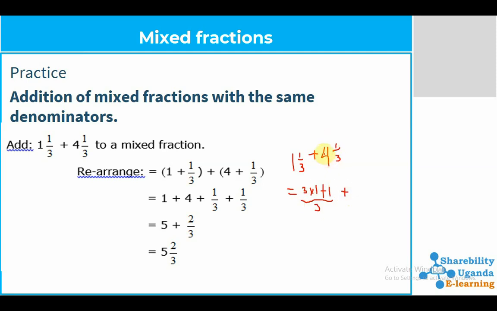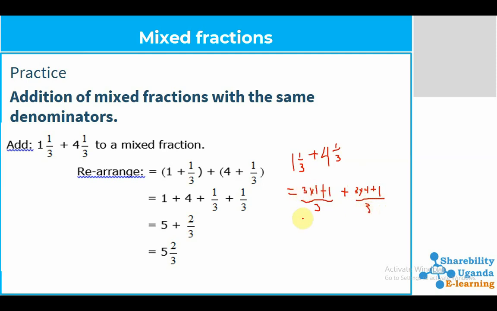I'll have a whole number which is 4. So here we say 3 times 4, then here we add our 1. All this will be over 3.